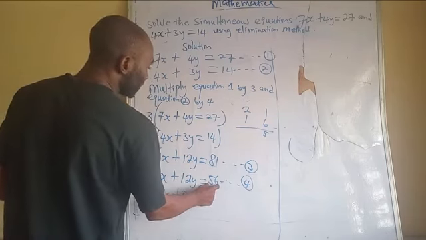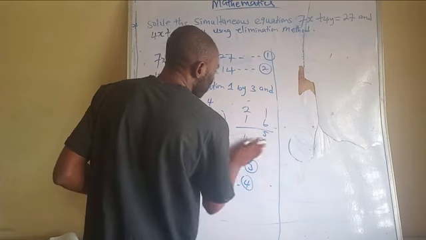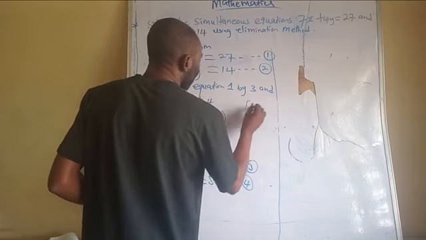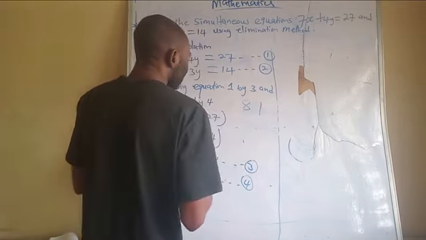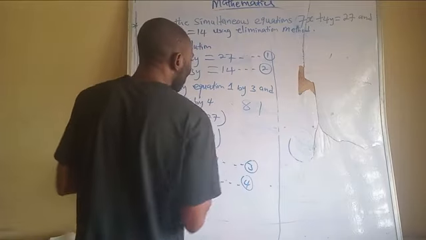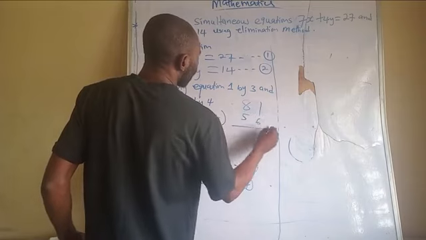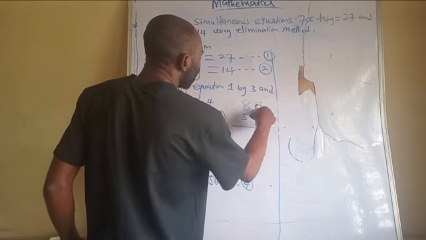And 81 minus 56. 6 cannot minus 1, so we borrow 1 here, making it 11.